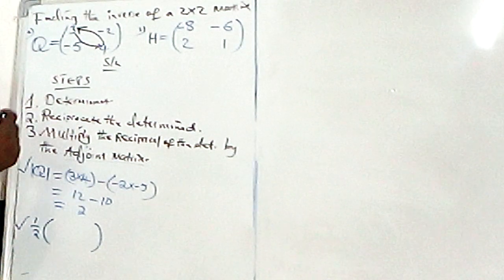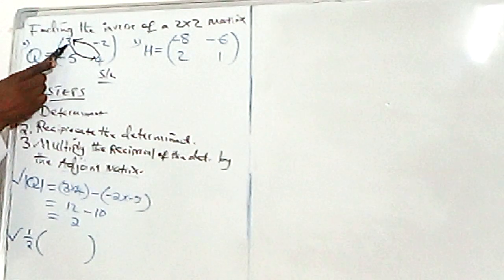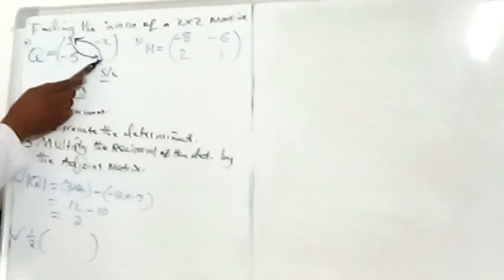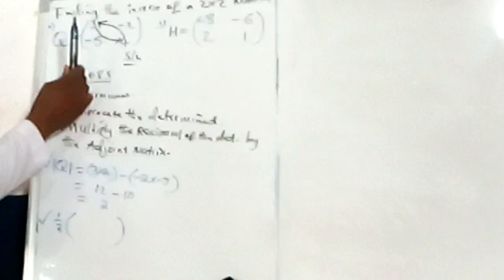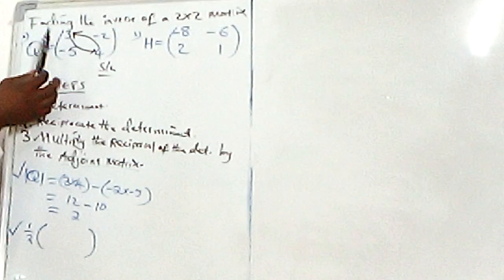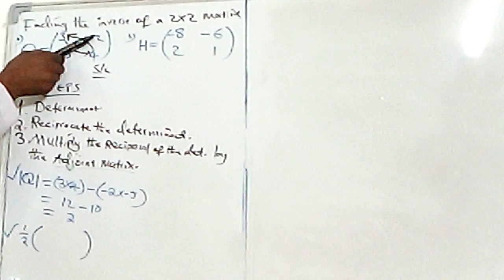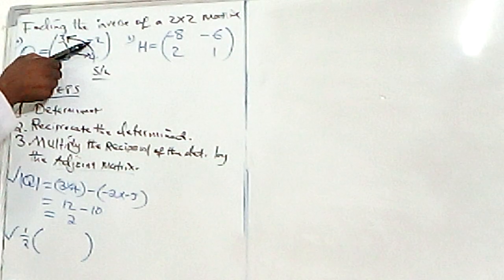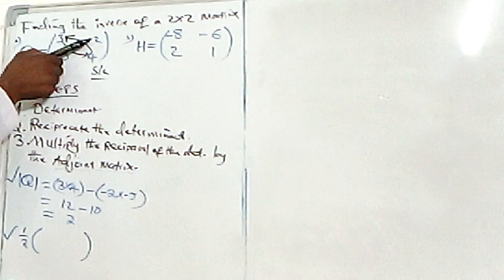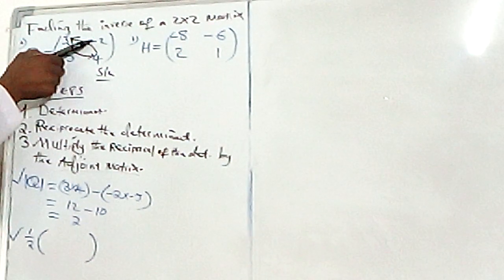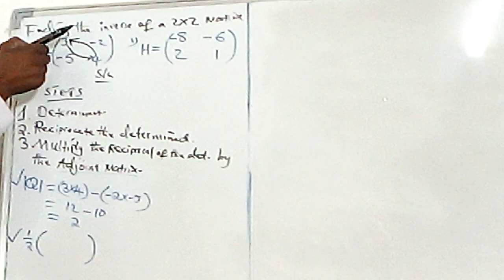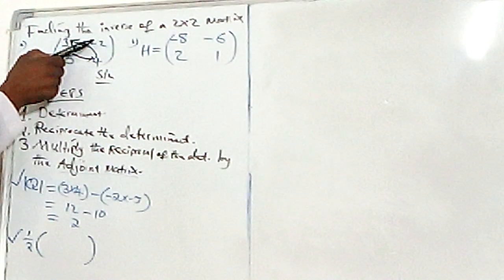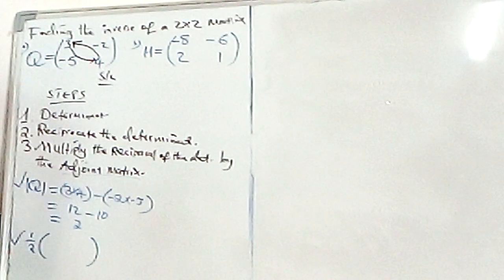This simply means that while there's a 3, we're going to have a 4, and while there's a 4, we're going to have a 3. Then each element in the minor diagonal will receive a negative operation. Take note. In other words, each element in the minor diagonal is going to be multiplied by a minus operation.